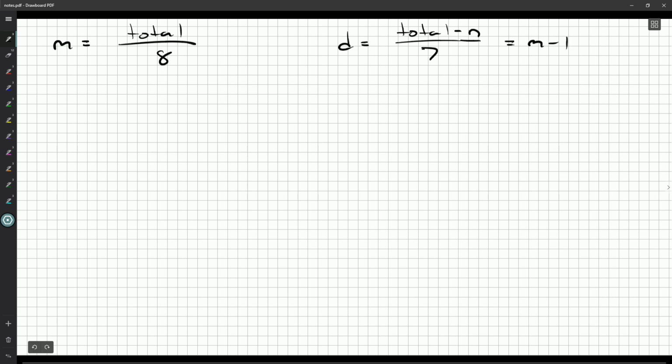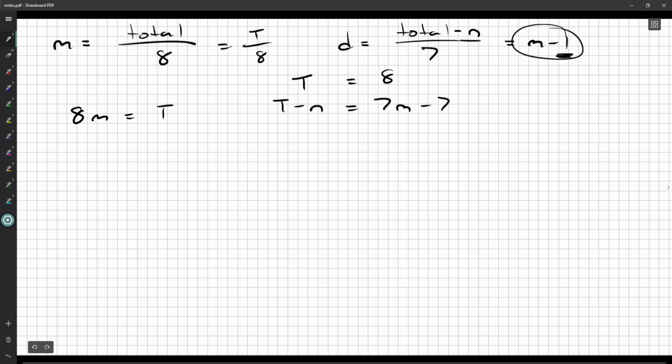Now, if I call the total t, we know 8 times Michelle's number is the total. We also know the total minus this n is 7 times Michelle's average minus 7. So, t and 8m.